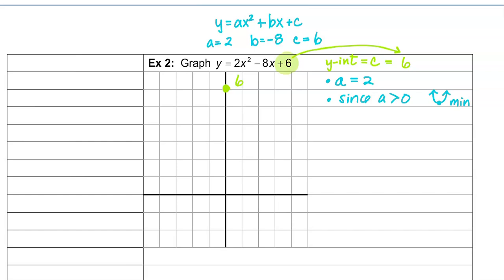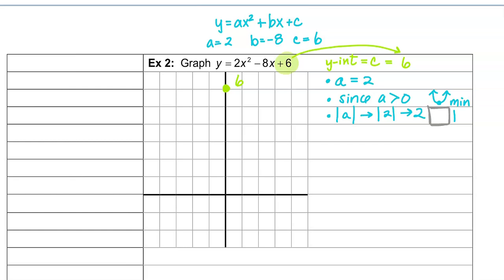We can also think about how it compares with the standard graph, step 3. So we just need the absolute value of a, which is the absolute value of 2, which is 2. So we're going to compare that with 1. I'm going to put a box here that needs to be filled in.